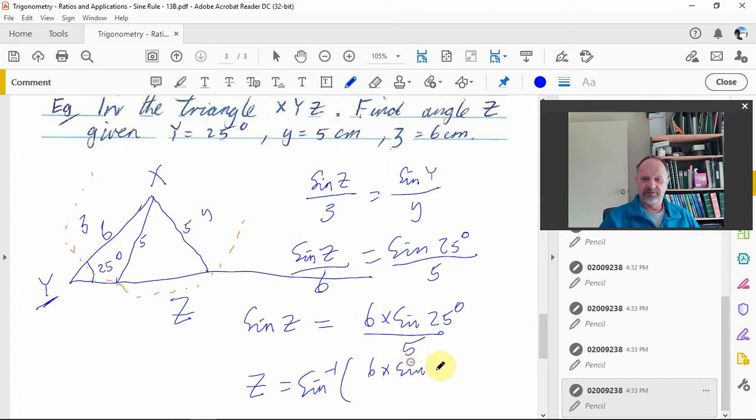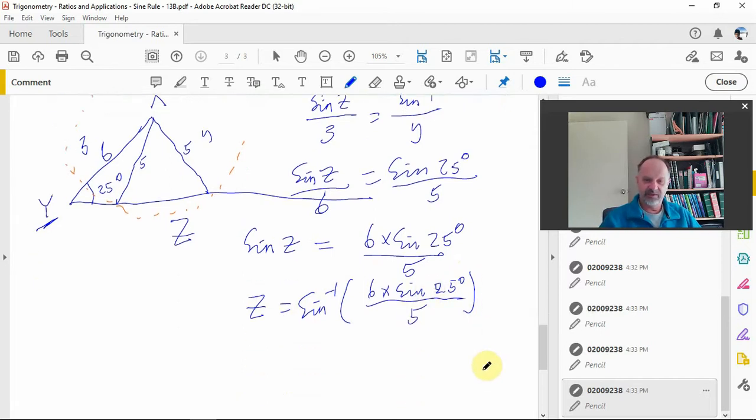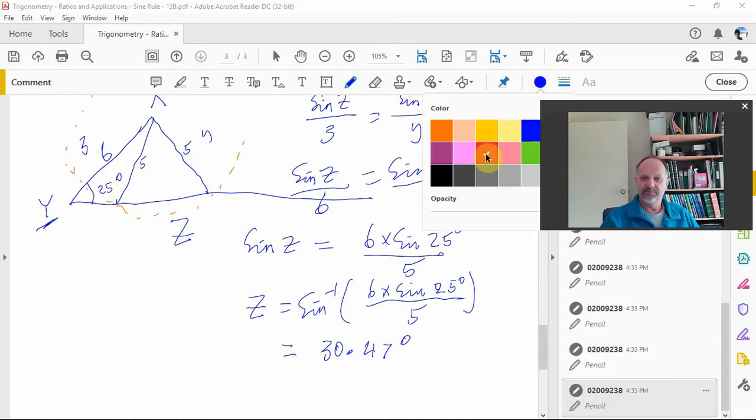So you can use on your class pad, you can use templates and all the rest of it to figure out that this particular angle is 30.47 degrees. All right, now, as I said before, there is two possibilities.